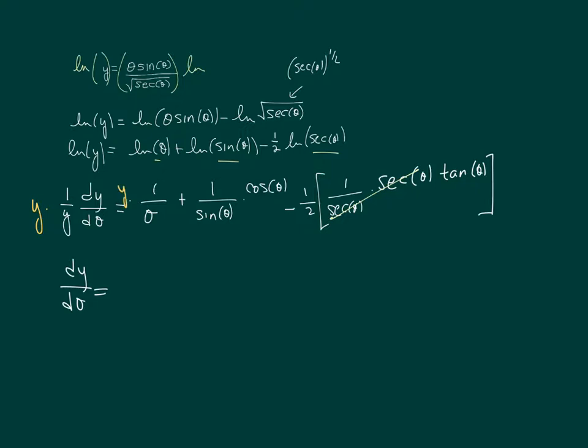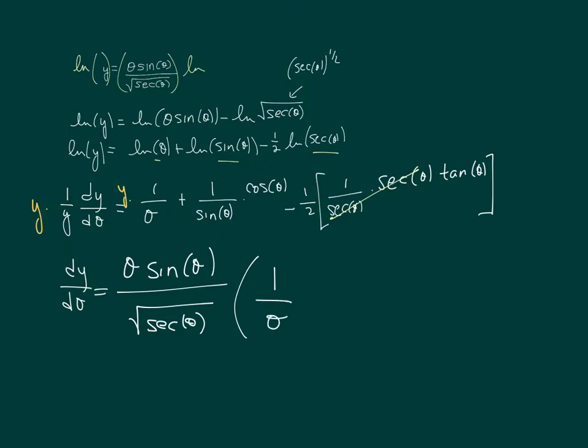So that's my y. Well, my y was the original problem, all over that piece. And then on the test I said don't worry about simplifying that, just worry about simplifying this side.